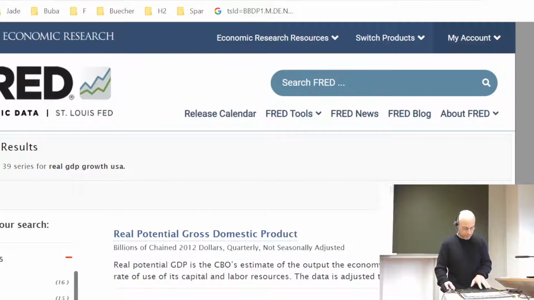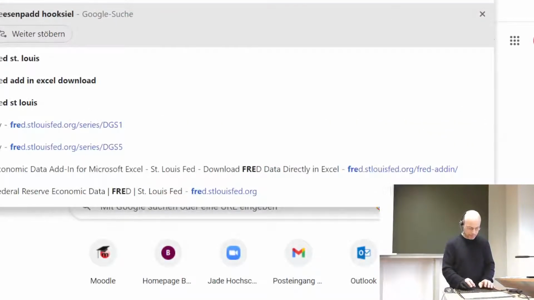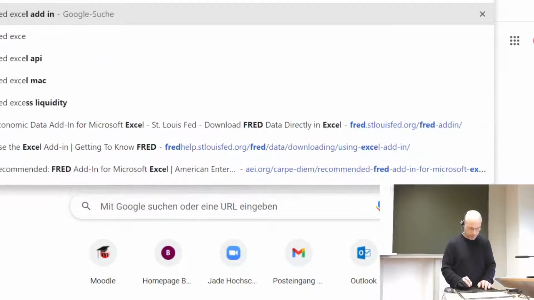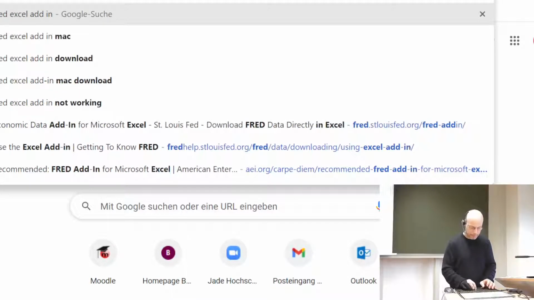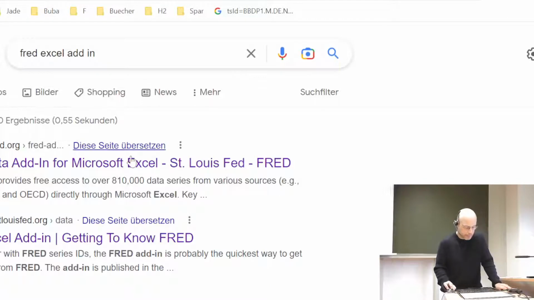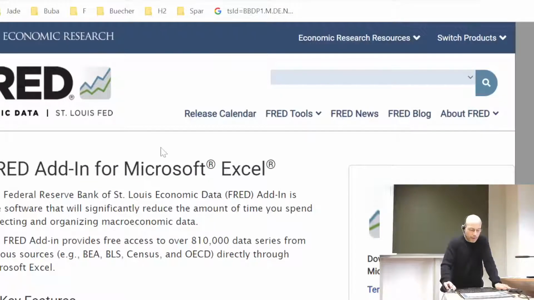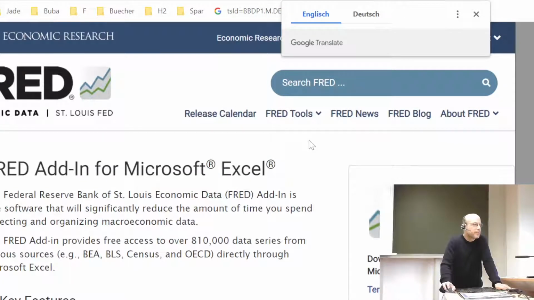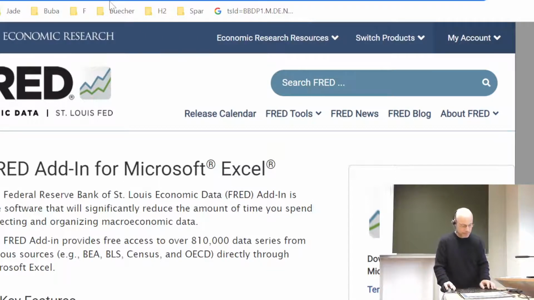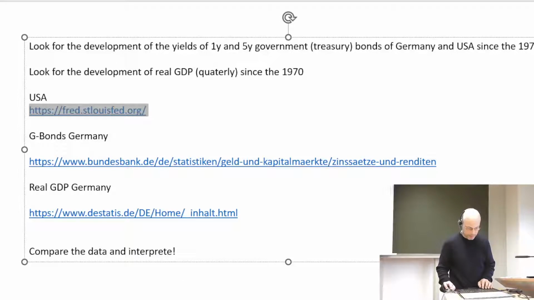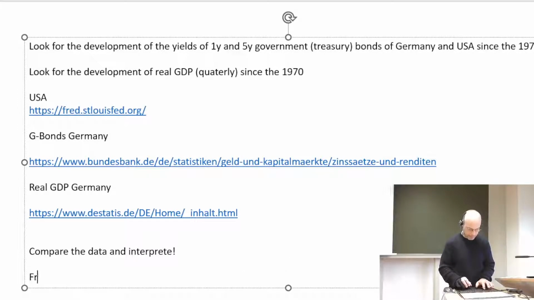Well, I would also recommend, this is the FRED Excel add-in. If you in the future want to download data, especially from the United States, then you have here, I put this also on the slide, the FRED Excel add-in.